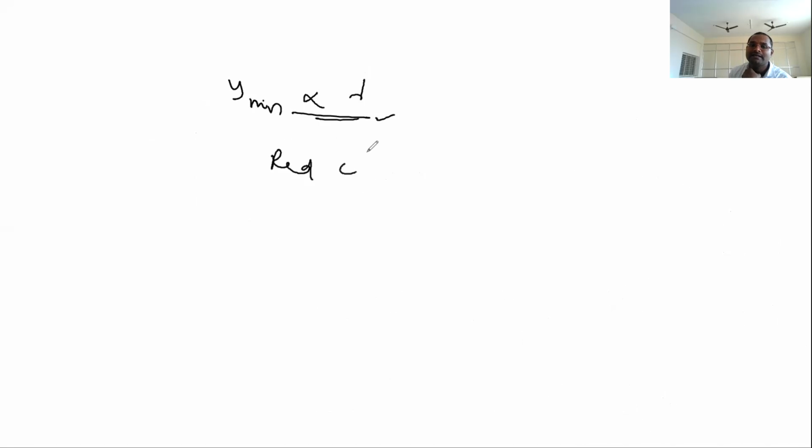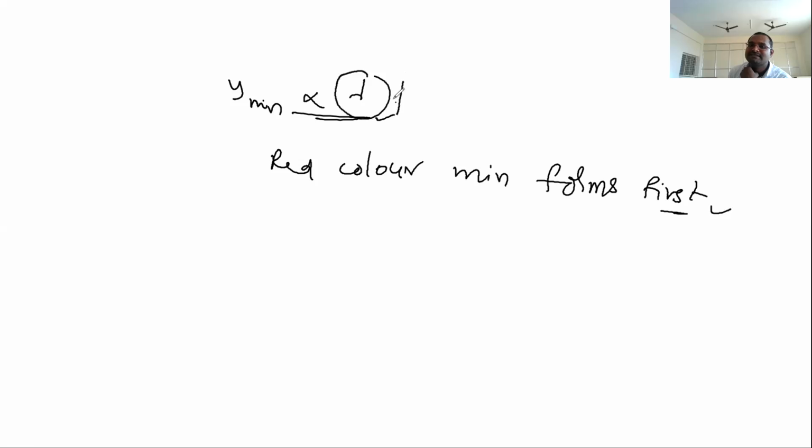Red color minima forms first. Are you understanding? Yes. Sorry, the one whose wavelength is less, that minima will form first. So which color has the least wavelength among the VIBGYOR colors?